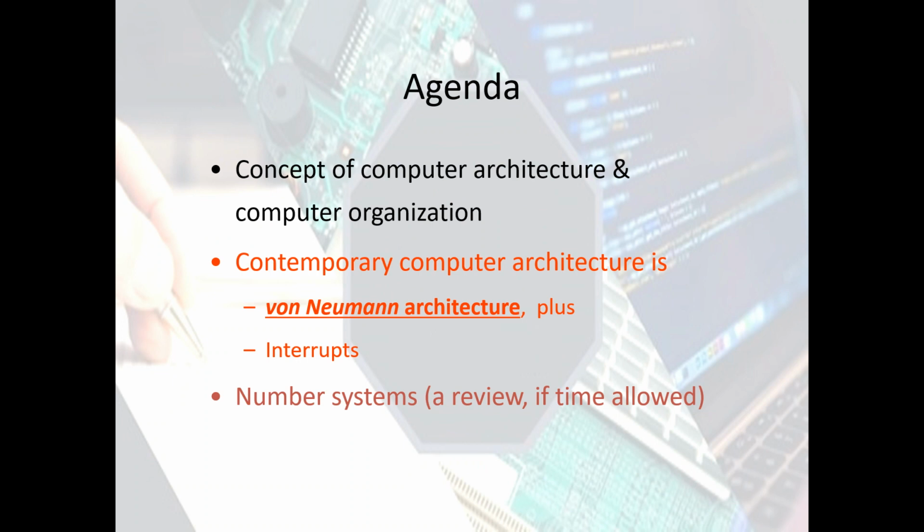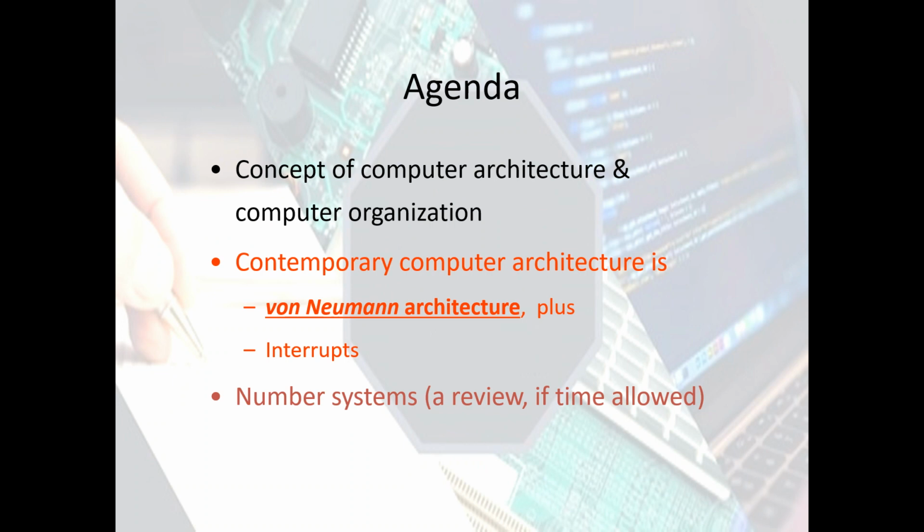So let's now talk about the contemporary computer architecture, the von Neumann architecture. Contemporary computer architecture, at its core, follows the von Neumann architecture, a foundational design where instructions and data share the same memory. In addition to this structure, contemporary systems incorporate the concept of interrupts.